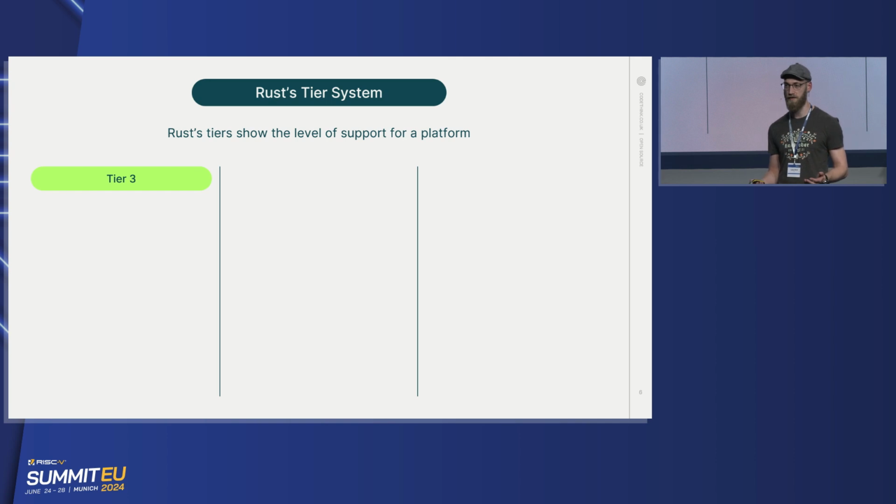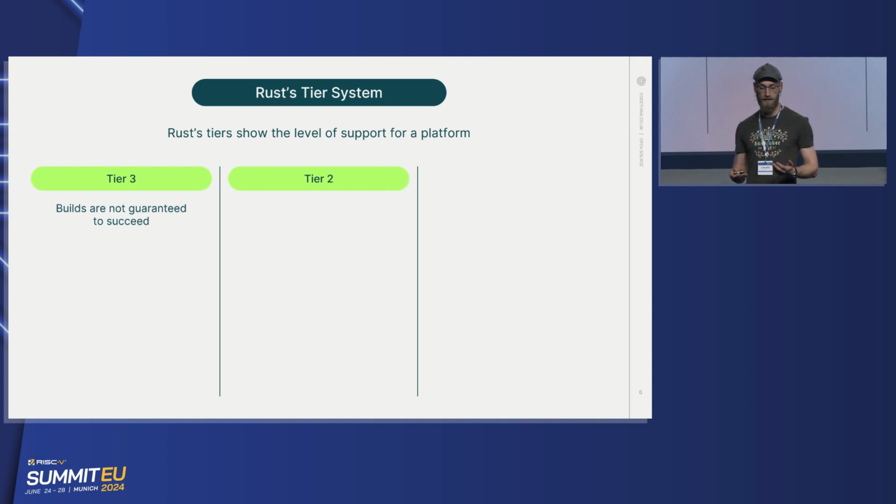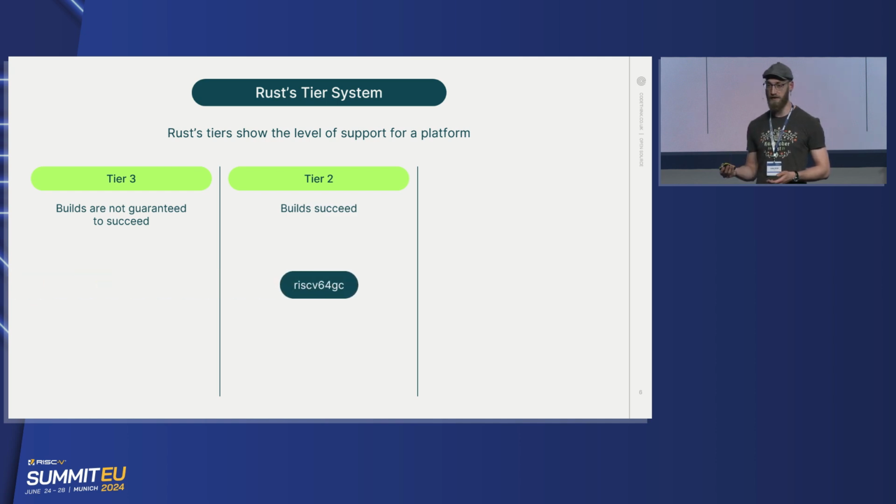It's not really known because it's not being tested. Whereas Tier 2, the next tier, is at least guaranteed to build. So if you use the target, it will compile, but it may not work correctly. That is, the behavior is not necessarily tested. This is where the RISC-V target currently resides.